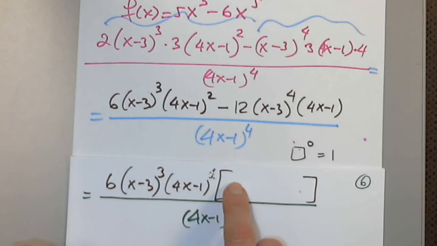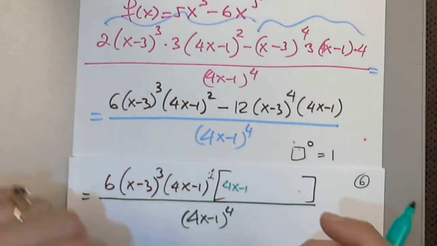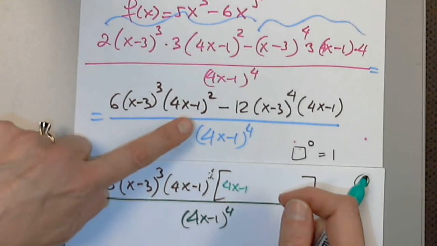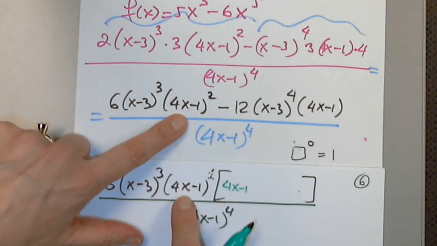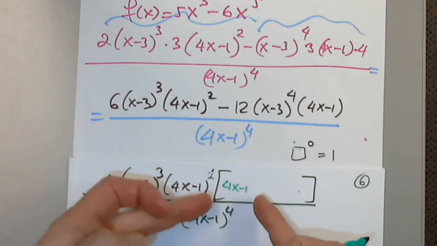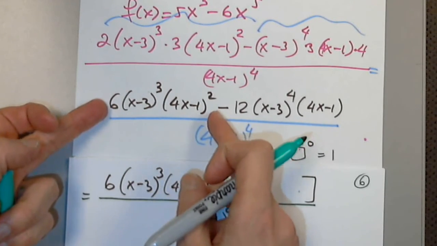Negative 2. 4x minus 1. One more time. 6 is out. All of these are out. From power 2, I put out 1. So how many do I still have inside? 1. Yes.